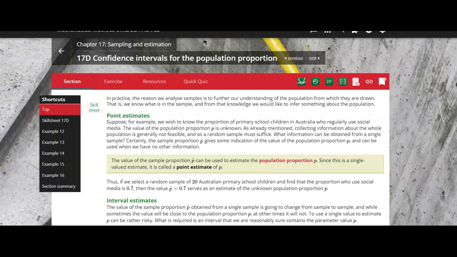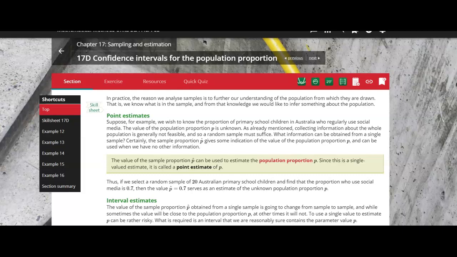So basically, if you don't know what the population proportion is, you can use the sample proportion. So the value of the sample proportion p hat can be used to estimate the population proportion p. Since this is a single valued estimate, it is called the point estimate.